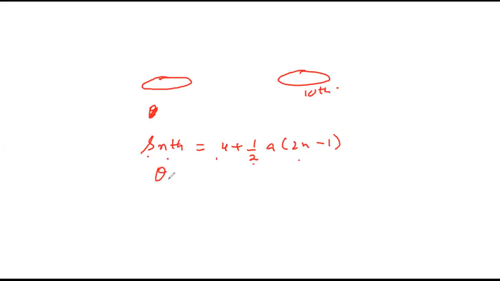So the theta during the nth second will be omega 1 plus half alpha into 2n minus 1. Please write this formula for distance covered during the nth second.